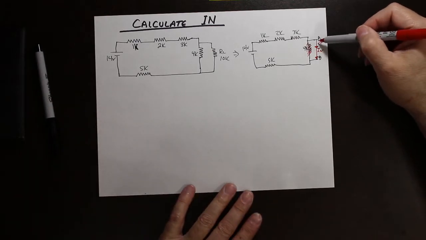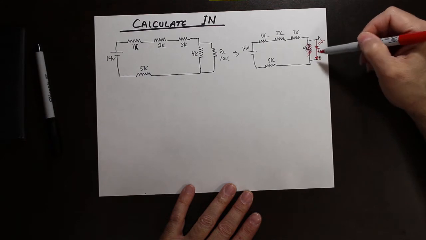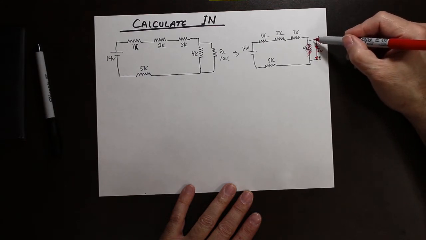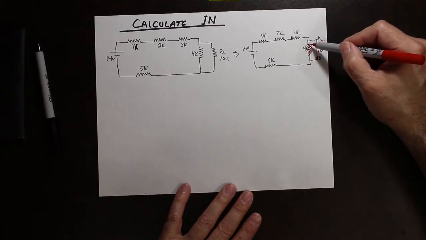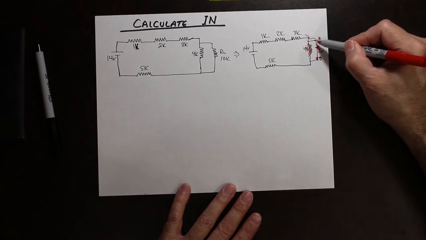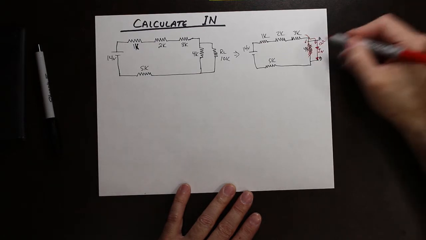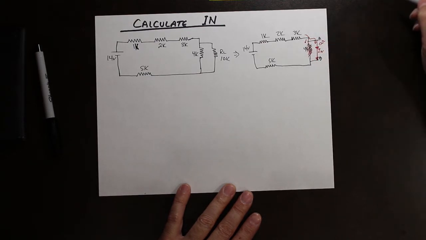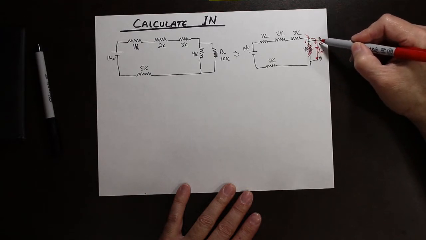So let's take a look at that again. Once we remove the load and short from A to B, everything in the circuit that is in parallel with that short is theoretically removed from the circuit, because all the current will go this way and none will go that way, or next to nothing, because current likes to take the shortest path, or the path of least resistance.